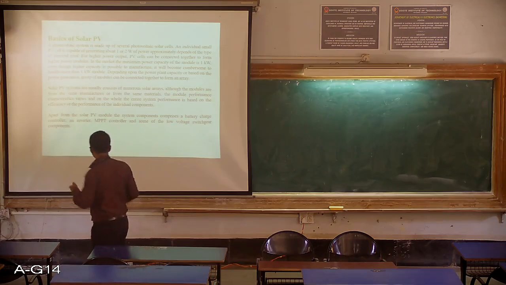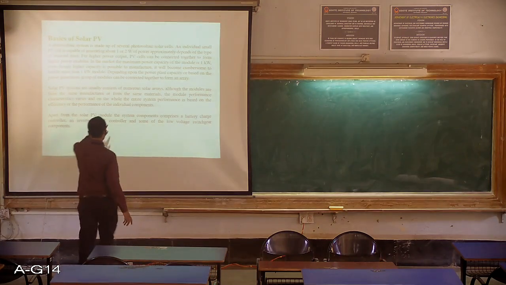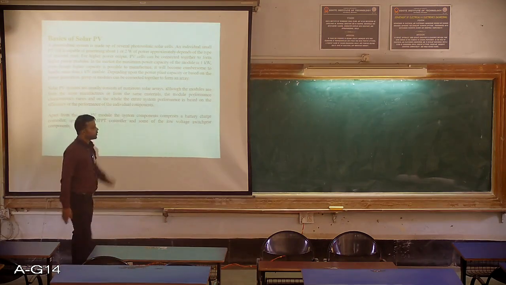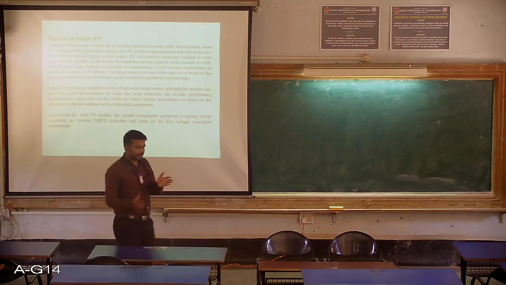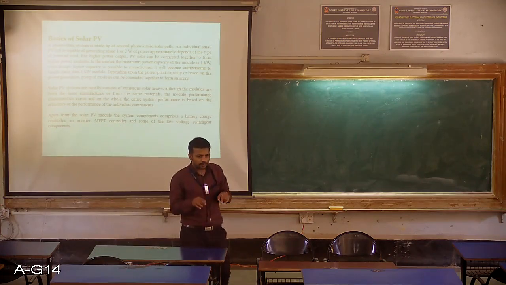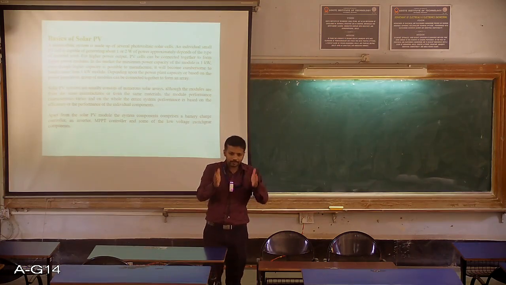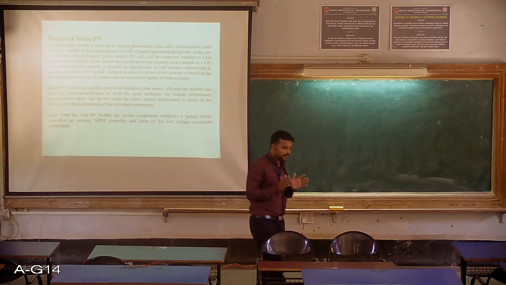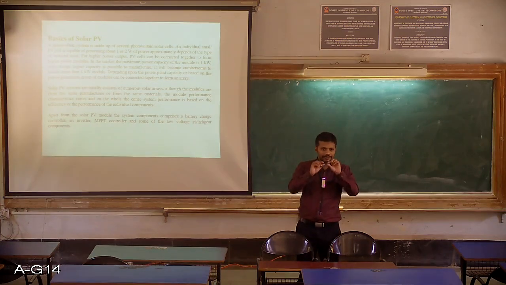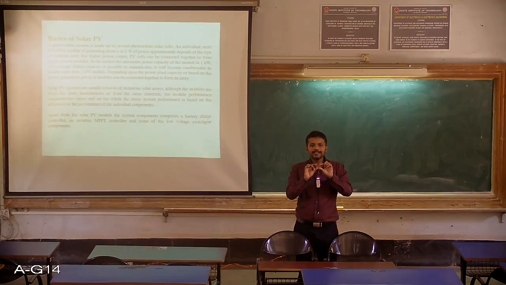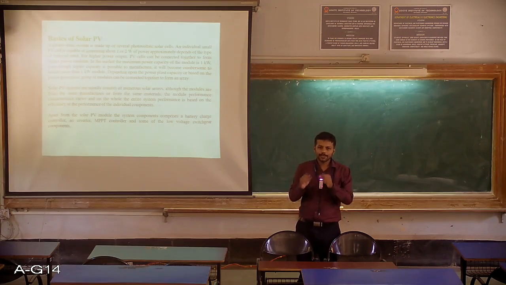In the last paragraph it is mentioned the performance of the individual components. Basically, if I consider a module having some 100 PV cells, directly it is not possible to analyze the performance of that module. We consider the performance of each cell, then multiply by how many cells are there.